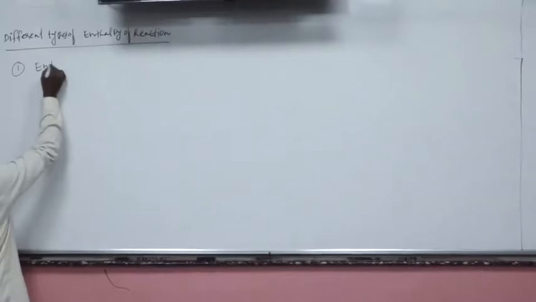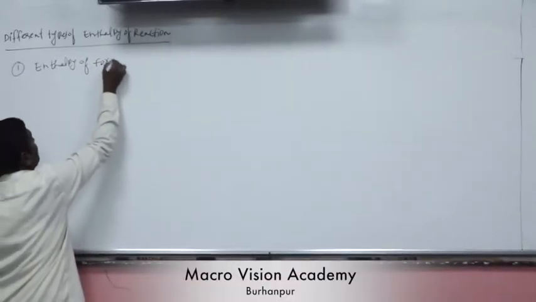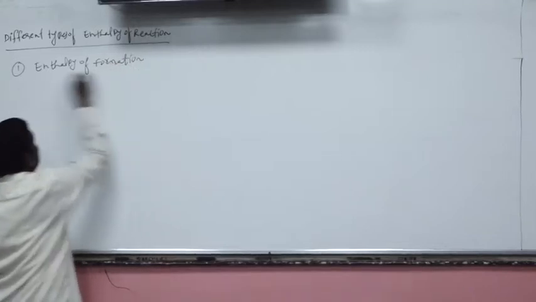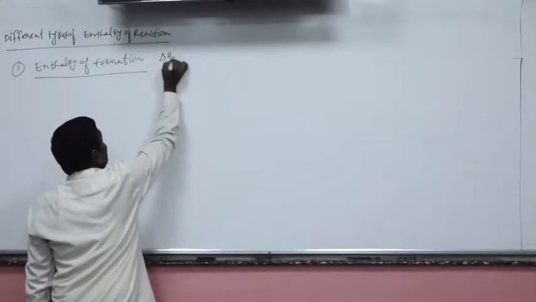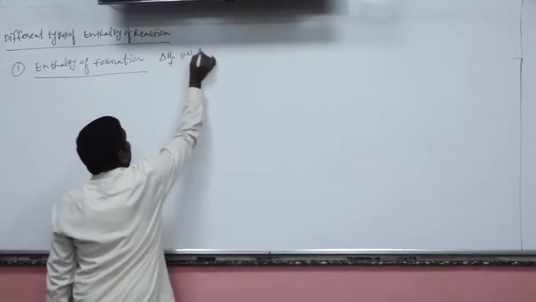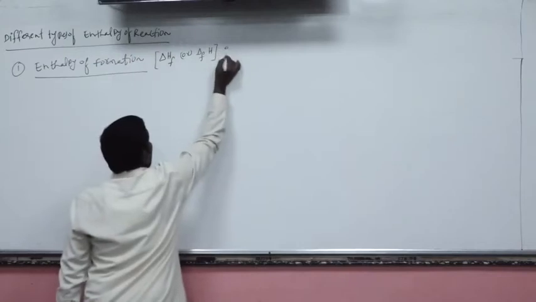Now here there are various types of chemical reactions. Based upon that, there are different types of enthalpy of reaction, isn't it? Let us say one by one. Number one, enthalpy of formation. The first enthalpy of reaction is enthalpy of formation. It is represented as delta H_f or delta_f H. That is the abbreviation for enthalpy of formation.